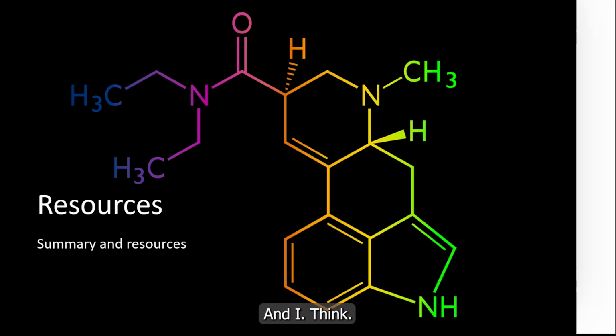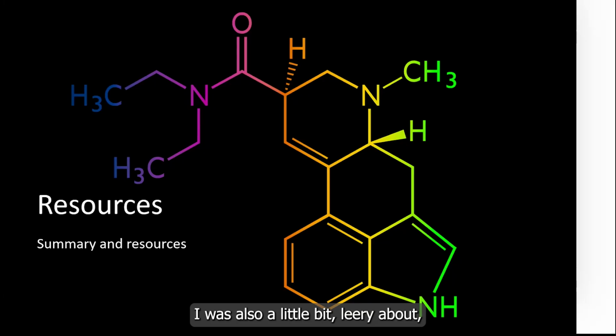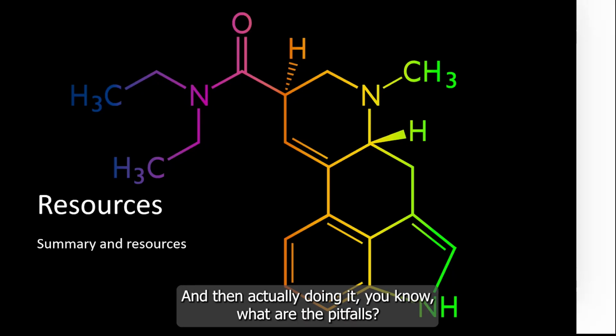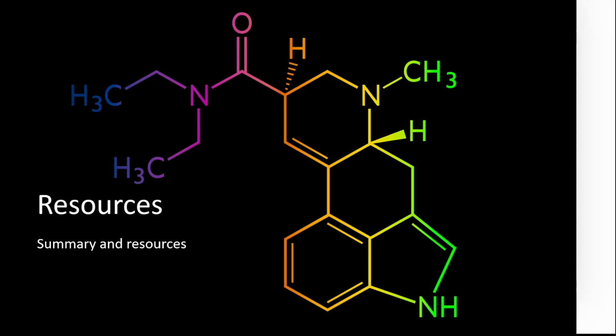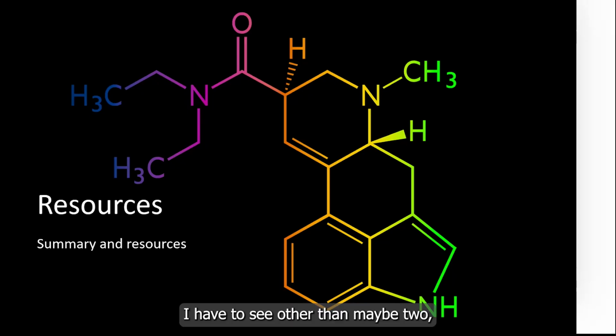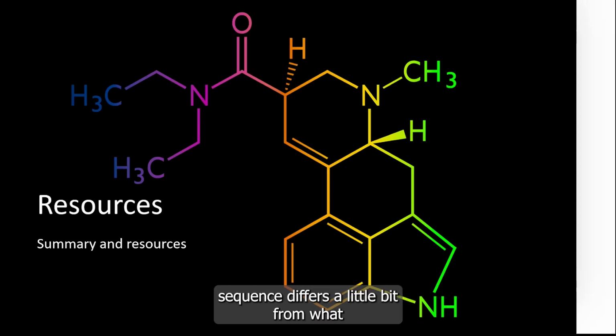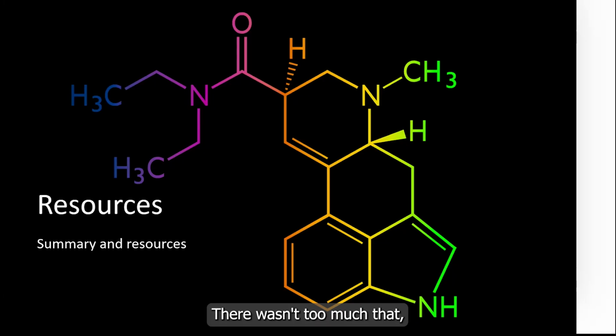Yeah, and I was also a little bit leery, going from the initial plan of, oh, we'll do this, to actually doing it. What are the pitfalls? I have to say, other than maybe two or three places where the OpenStax sequence differs a little from what various commercial textbooks use, there wasn't too much that didn't align well.